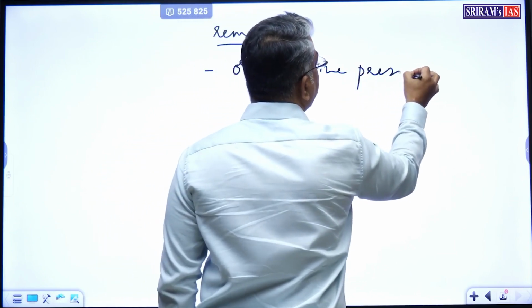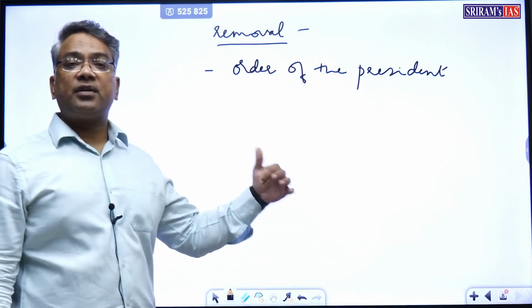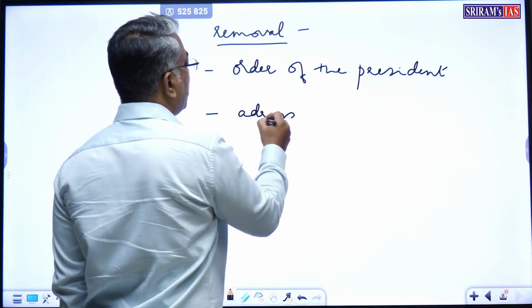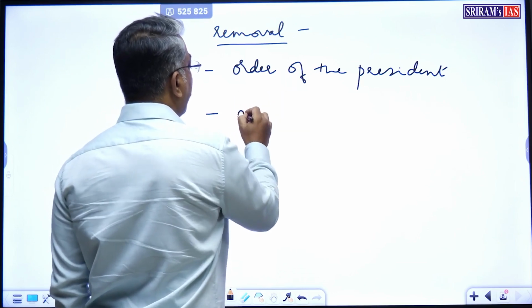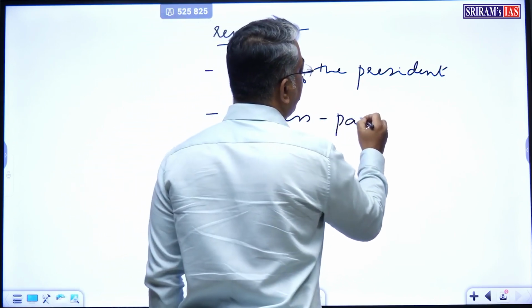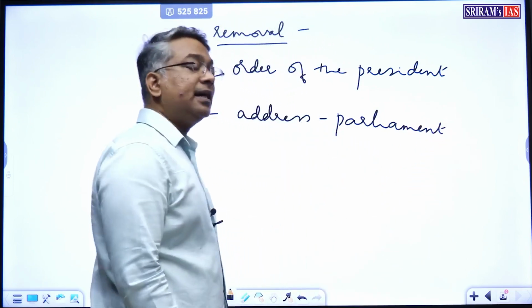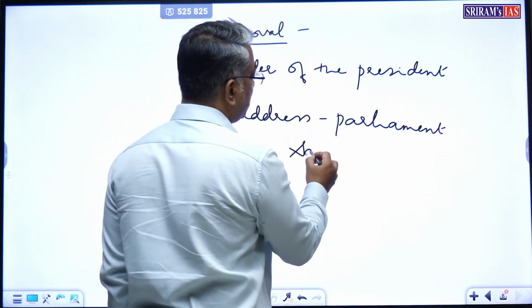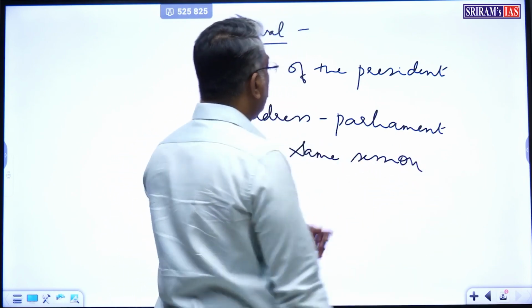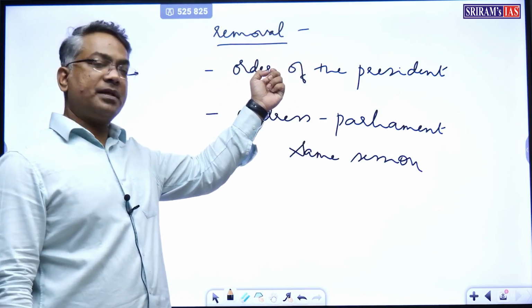The President can issue a removal order only after an address of the Parliament has been presented to him in the same session of the Parliament.